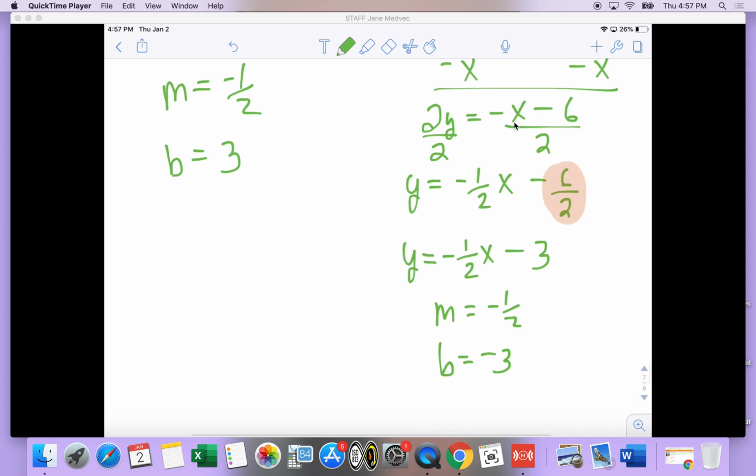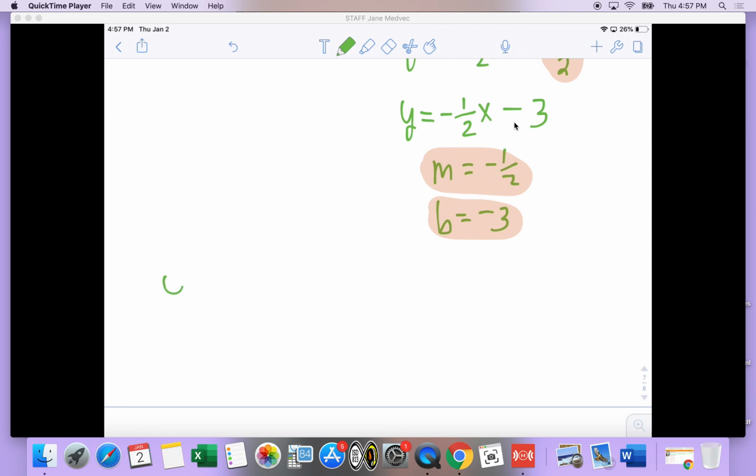So now if we're comparing my slopes, notice that this slope is negative 1/2, and this slope is negative 1/2. Hey, they could be parallel, but now we need to take a look at my b's. My b here is 3. My b here is negative 3, and they are different. So that means that, yes, they are parallel.